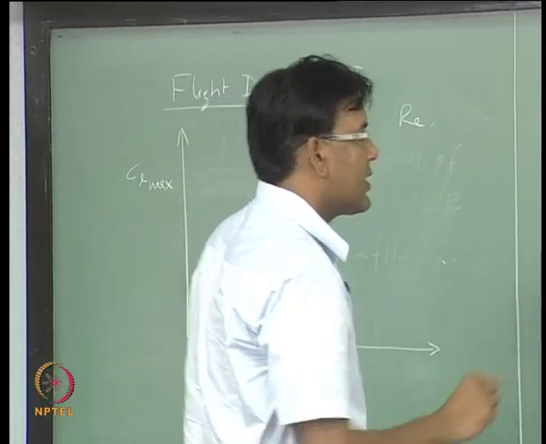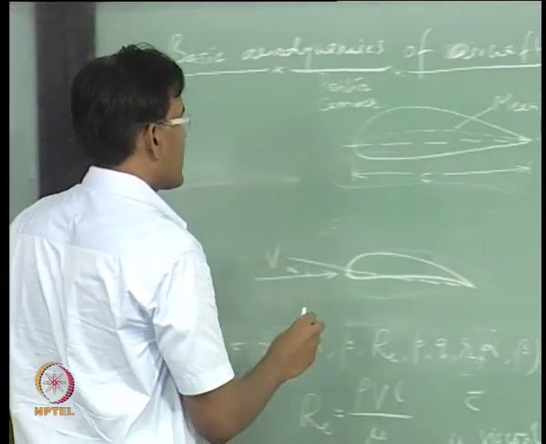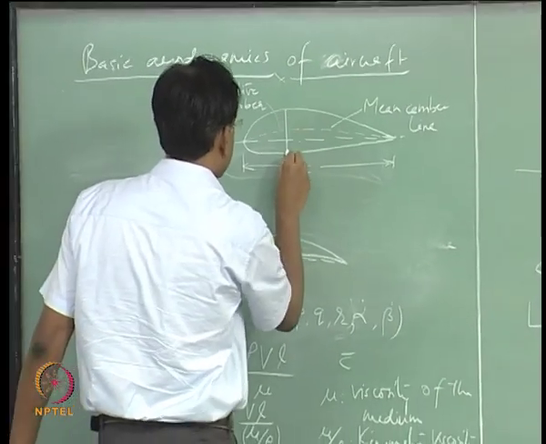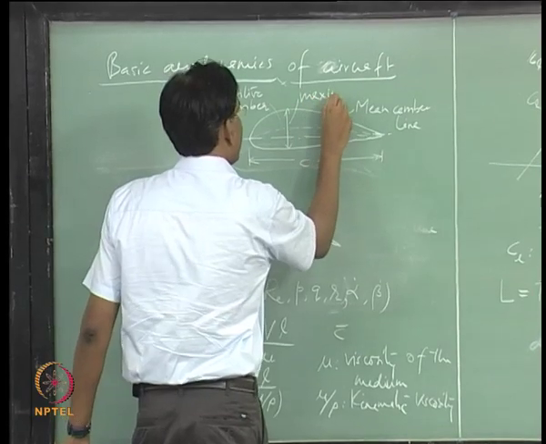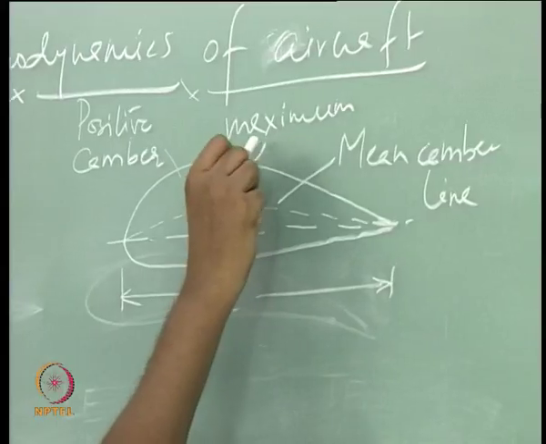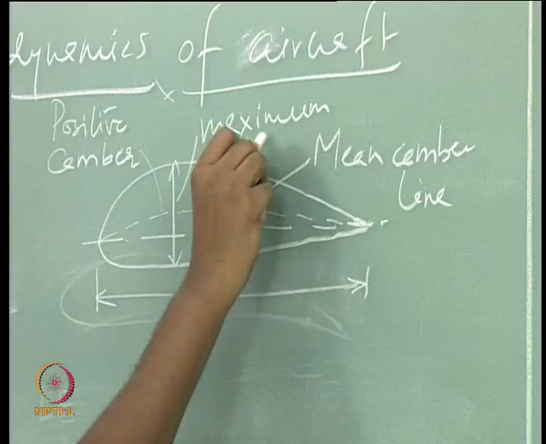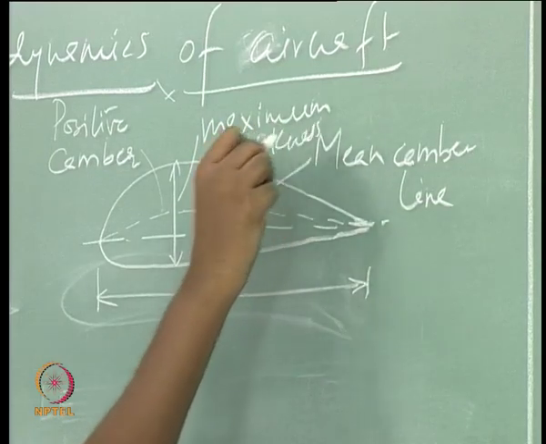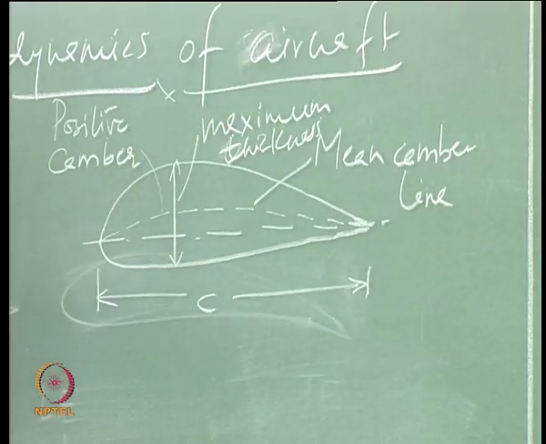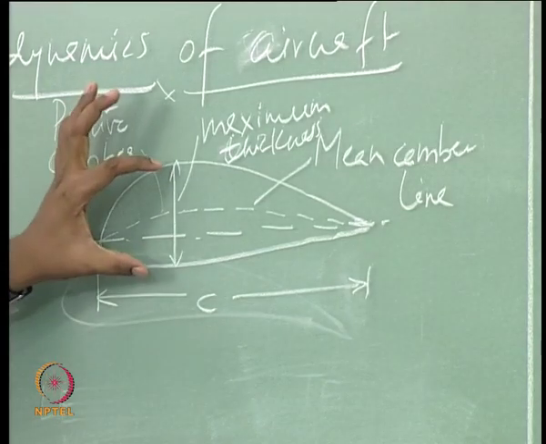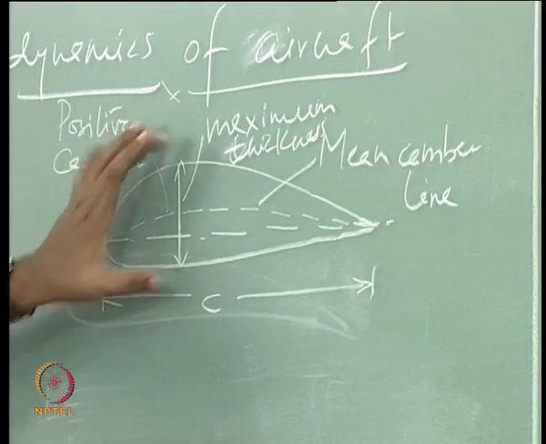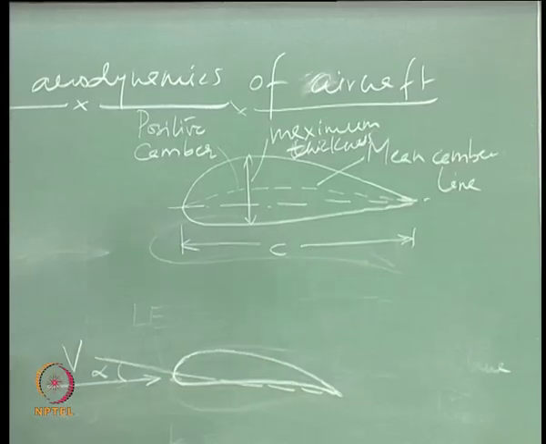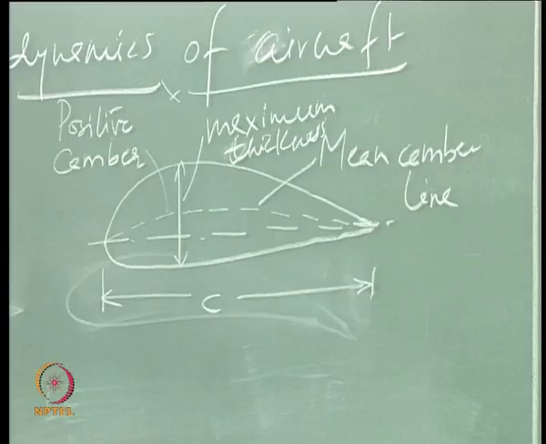So, thickness of the airfoil is actually the maximum thickness. Wherever you find the maximum distance between the top surface and the bottom surface, that can be taken as the maximum thickness of the airfoil.